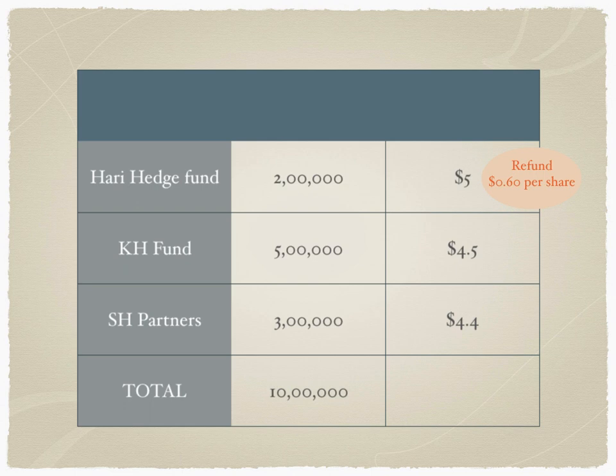It's not that Hari Hedge Fund pays $5. The IPO will be at a single price, that's $4.40. So Hari Hedge Fund, which has paid 60 cents extra, will get a refund. What about KH Fund? KH Fund will get a refund of 10 cents per share. Okay. And what about SH Partners? SH Partners, because they actually helped close the IPO, will not get any refund because the IPO price over here is $4.40.